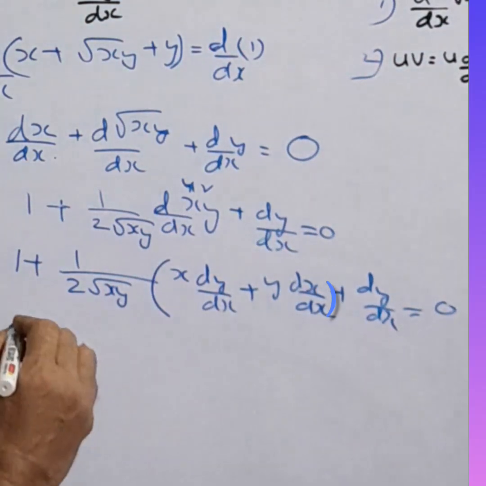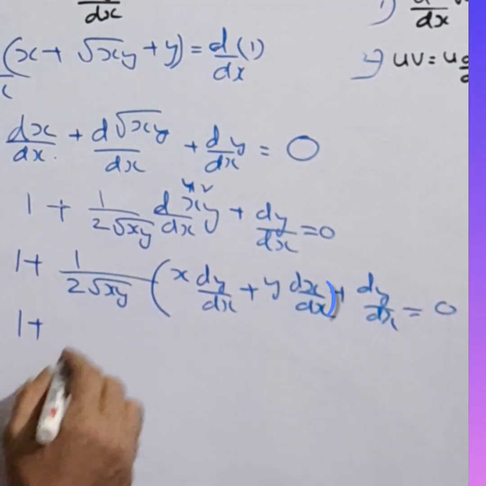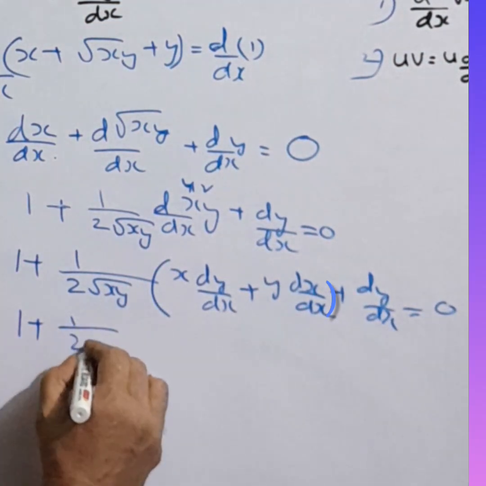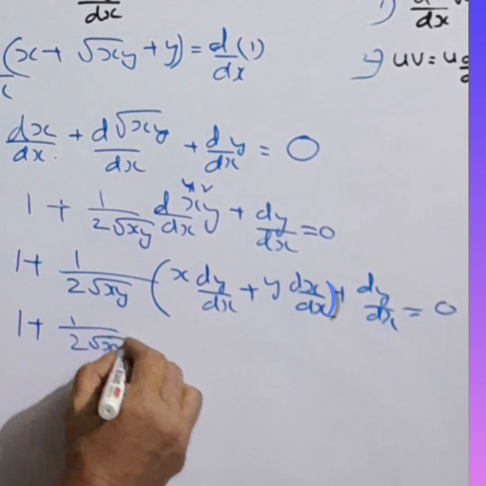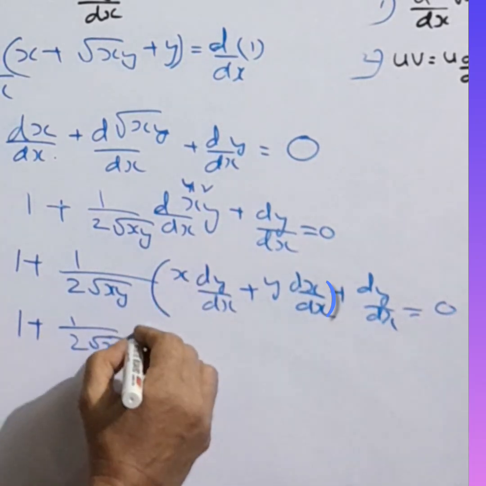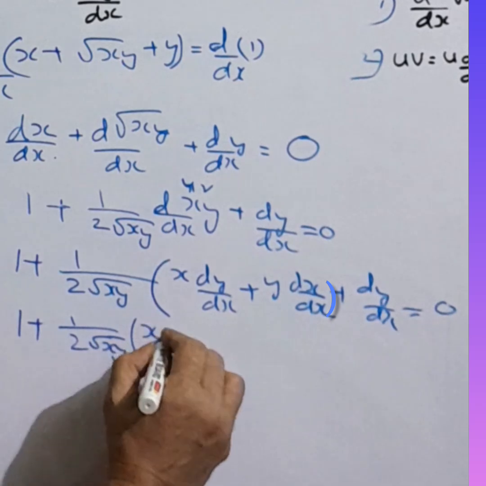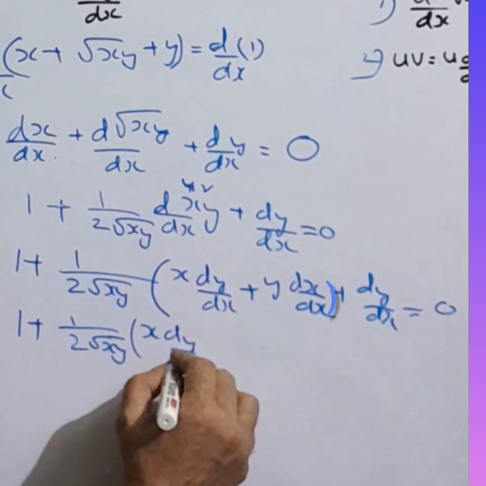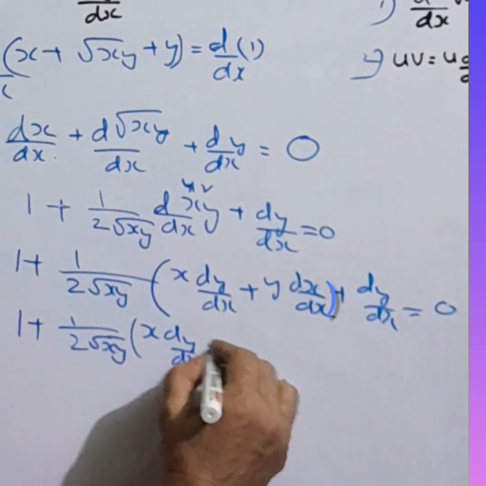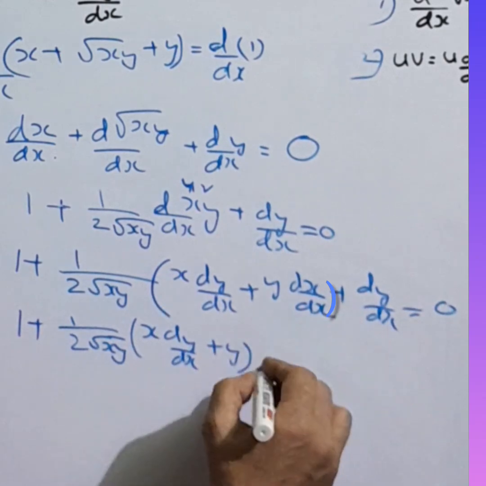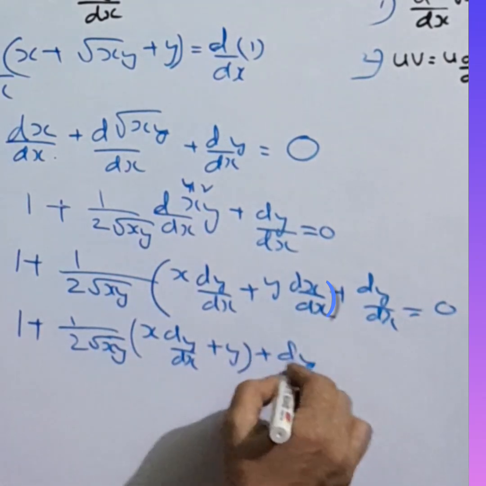So it comes to 1 plus 1 over 2 root xy, and this becomes x dy by dx plus y, plus dy by dx.